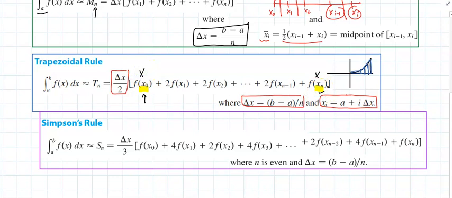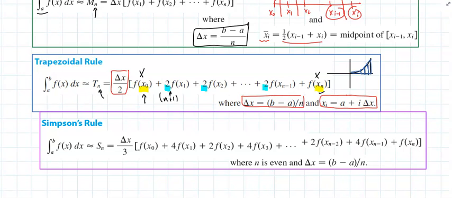Here we're adding both. So whatever n is, if this is T sub n, there's going to be one more evaluation than the number of intervals. So if you find T sub 5, there's going to be 6 of those. And we notice that everything in between picks up a 2.